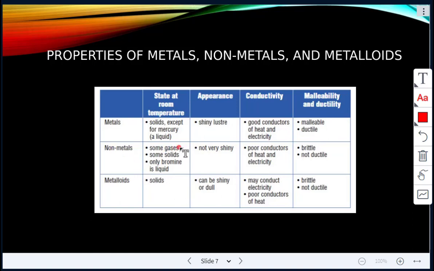Nonmetals: there are some gases, some solids, bromine is liquid, they're not very shiny, they're poor conductors of heat and electricity, they're brittle, they're not ductile. And then metalloids, like we talked about, they're the in-between ones, usually solids. They can be shiny or dull. They may conduct electricity. They're poor conductors of heat. They're brittle and not ductile.